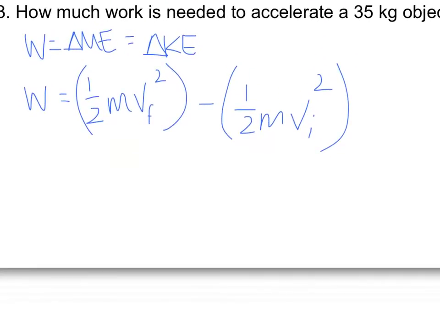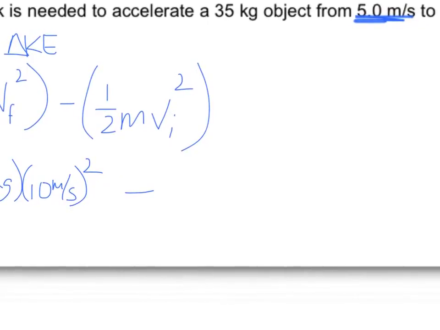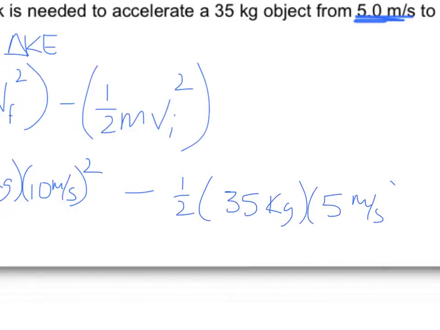So for this problem, we'll keep the mass the same for both. It's 35. And start with the final velocity of 10 meters per second. That number is squared. And we'll subtract from that 1/2 of the mass times the initial velocity squared, which was 5 meters per second.